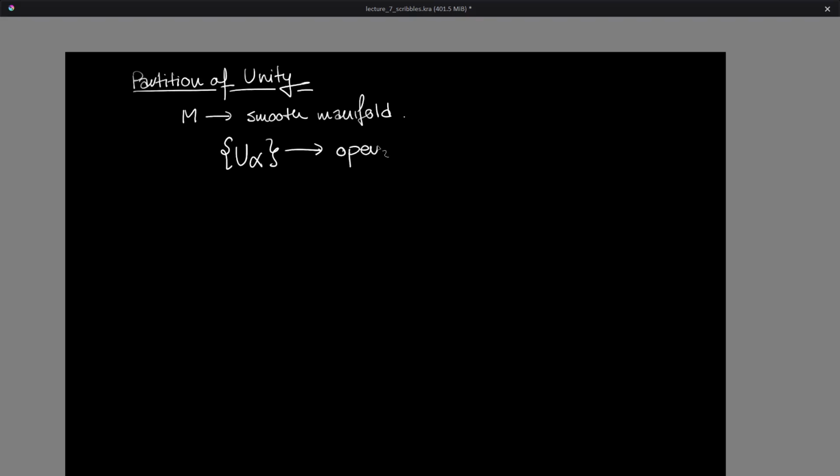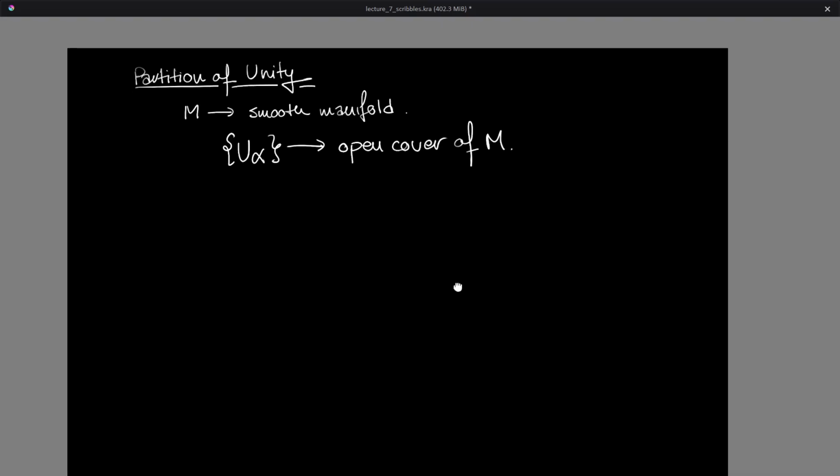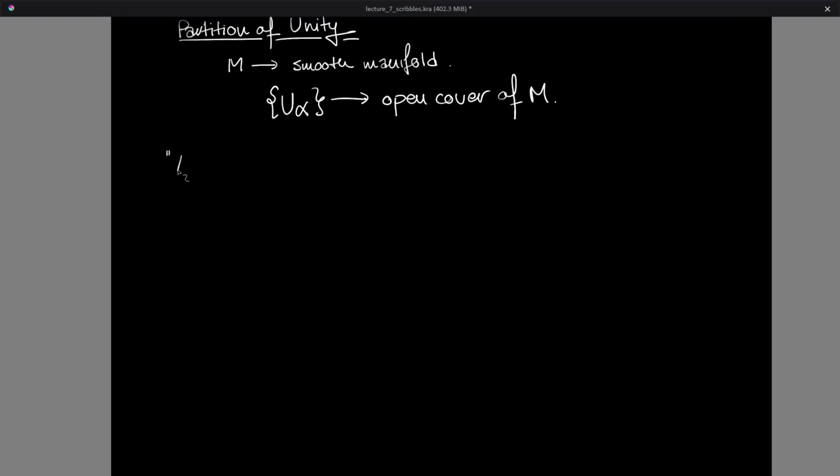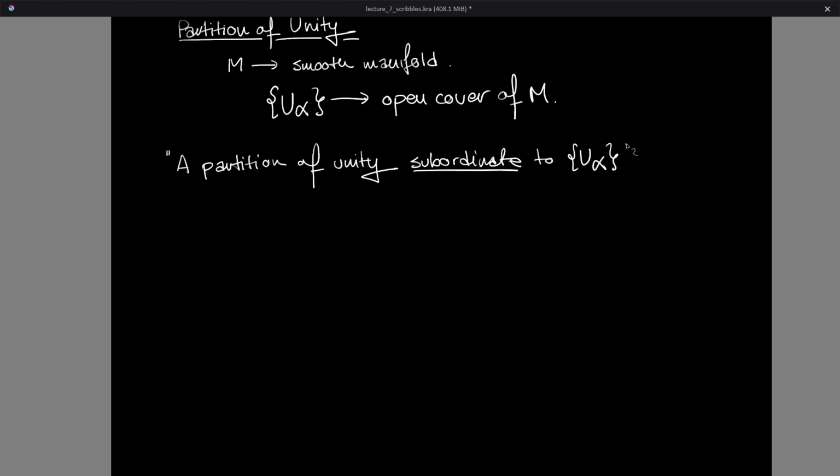And so we call it a partition of unity subordinate to U alpha, the cover, very fancy terminology.